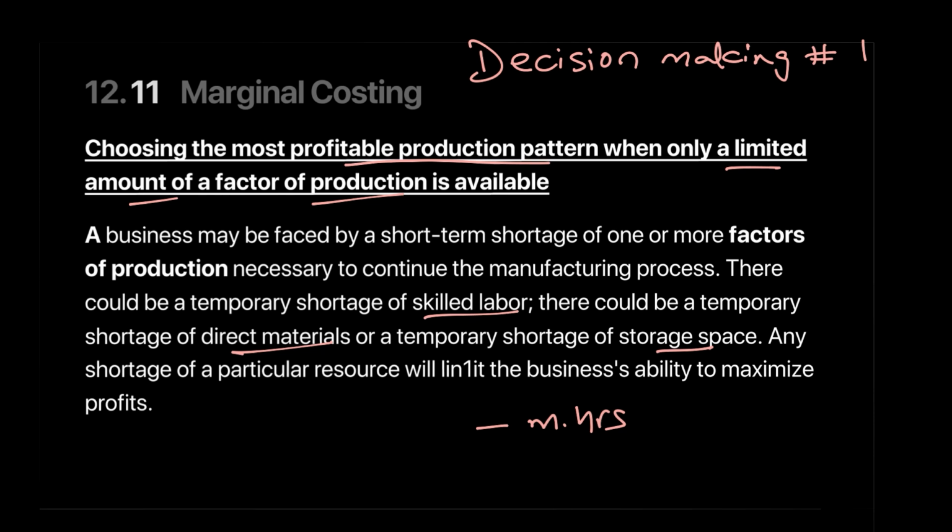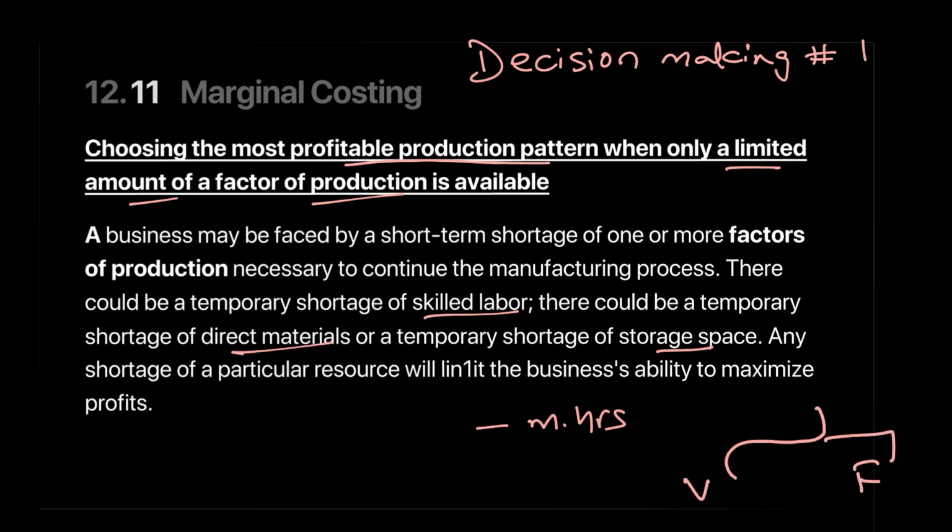Now our job over here is to analyze that, based on the resource availability, what will be the most profitable production plan that a manager can make. Remember again, we need to apply the basic concept of marginal costing. Marginal costing divides cost as variable cost or fixed cost.